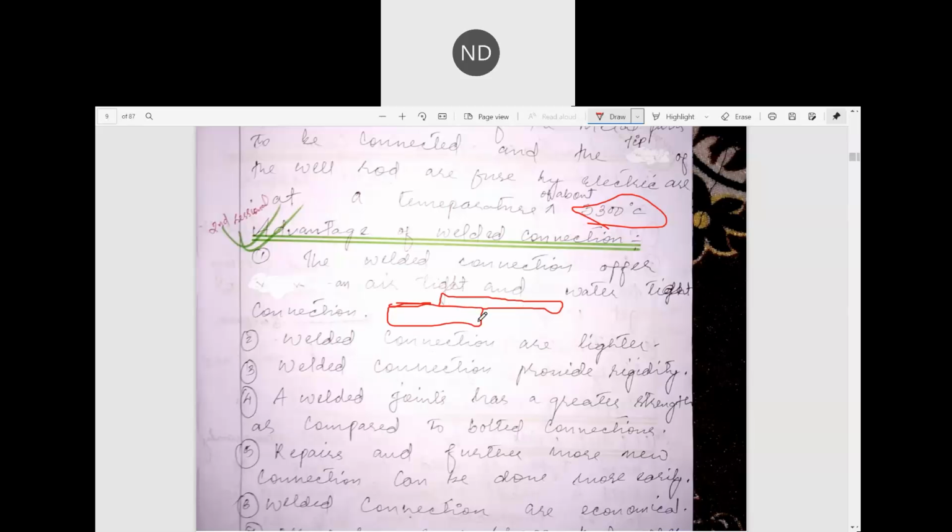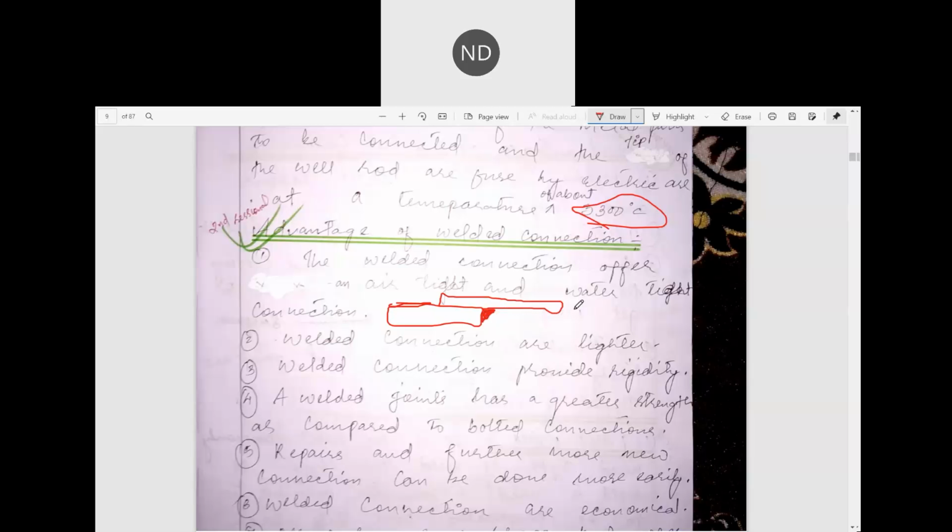I am showing the cross section, the side view. So this is your welding. This is the welded joint.